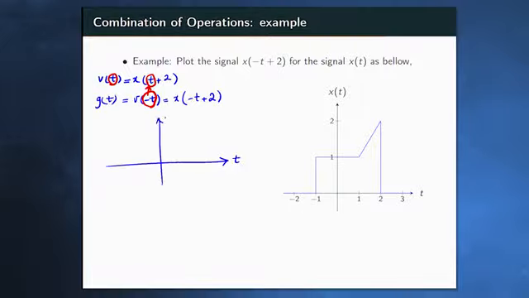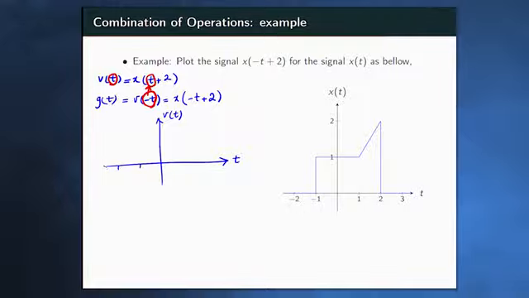Let's prepare the axes. So this is my v of t. V of t is the shifted version of x of t by 2 points to the left. So what happens in x of t at t equal to negative 1 is going to happen in v of t at t equal to negative 3.